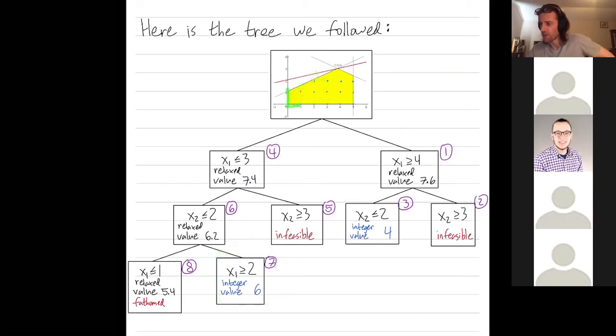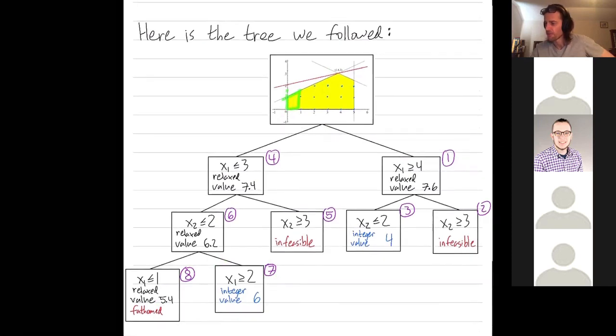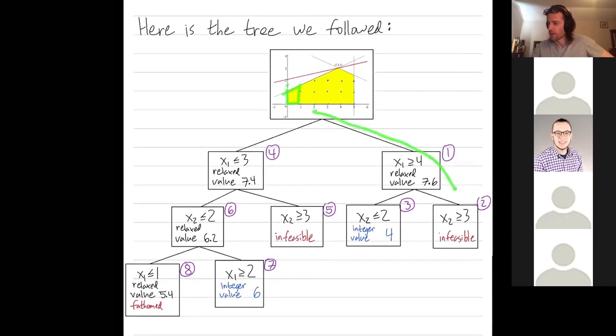And then on the left, we found a non-integer solution whose value wasn't even as good as the integer one. So we no longer had to explore the left. And in that way, by traversing this path, we have sort of computationally proven that we found an optimal integer solution to this problem.